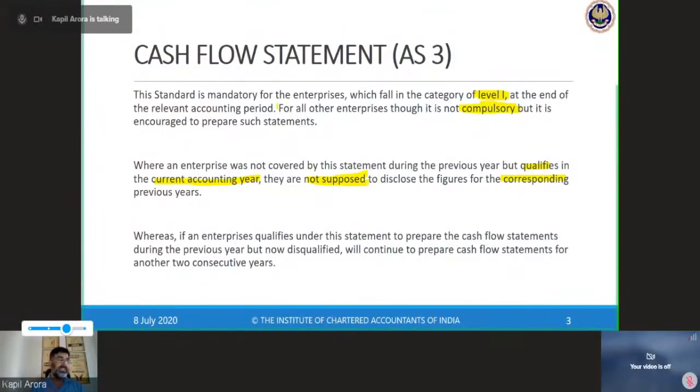If the status of the entity changes from small and medium company to other companies.